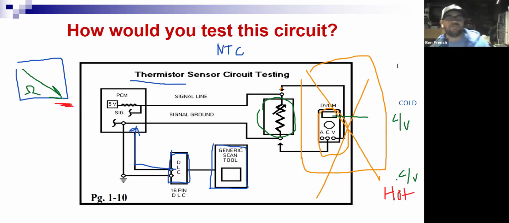Okay, so with that circuit knowledge, I don't want to mess with my voltmeter though. I told you that earlier. So if I have my scanner hooked up and I unplug my sensor, I'm going to draw a red X. I've unplugged the sensor, so the connector is now not connected to anything. Basically, that's made its resistance go really high.